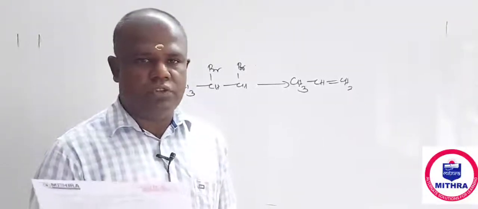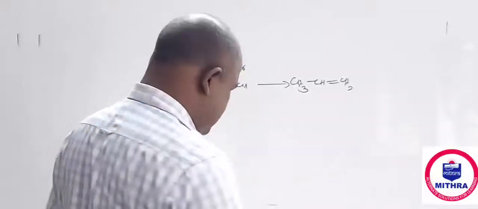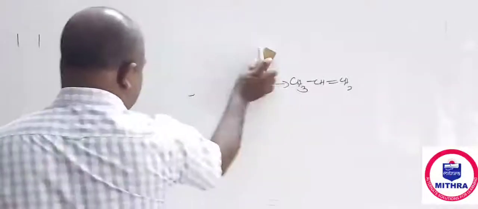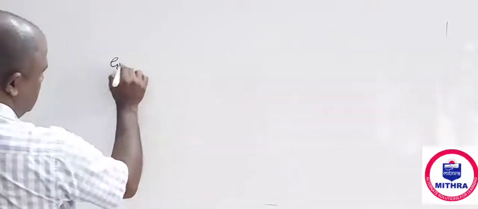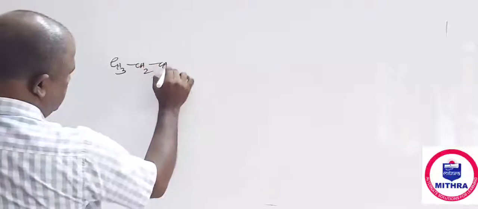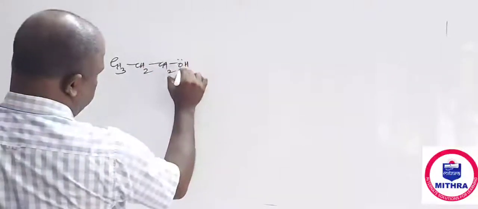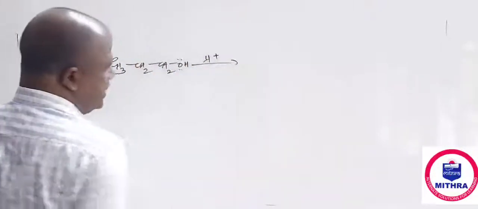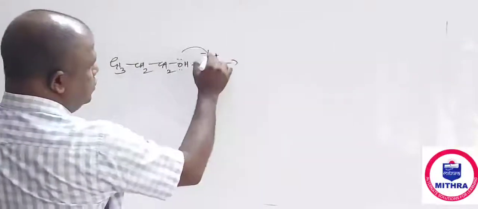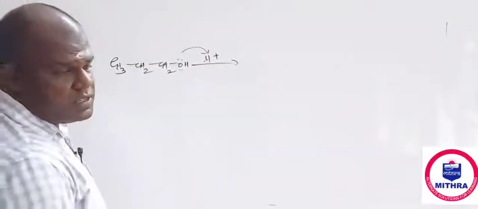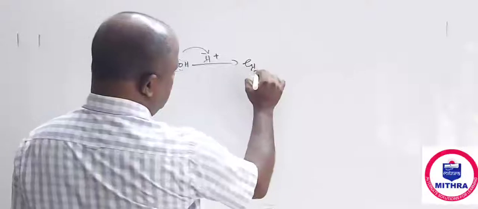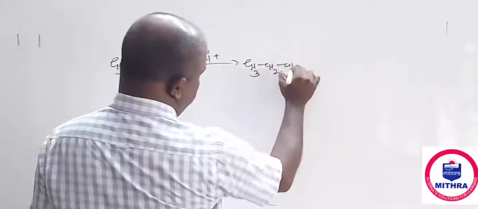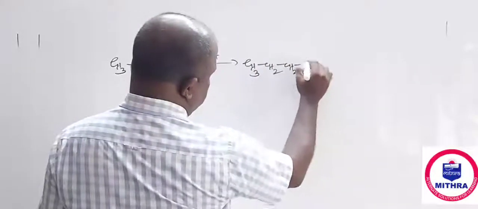There is a mechanism also for the reaction. I will give the mechanism. Can you see what is happening behind the dehydration of propanol? CH3, CH2, CH2OH. There is a lone pair. Sulfuric acid gives an H plus ion. By giving the lone pair, it is absorbing H plus, so that it forms an oxonium ion, CH3, CH2, CH2, OH2 plus, isn't it?